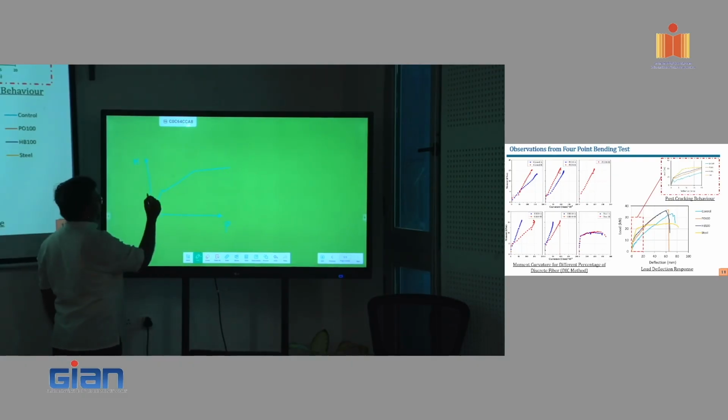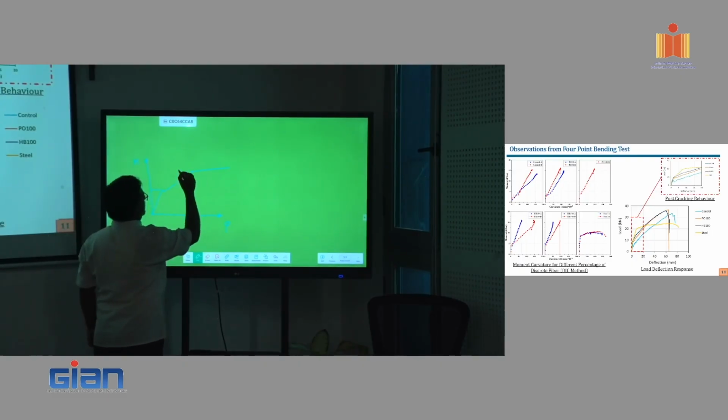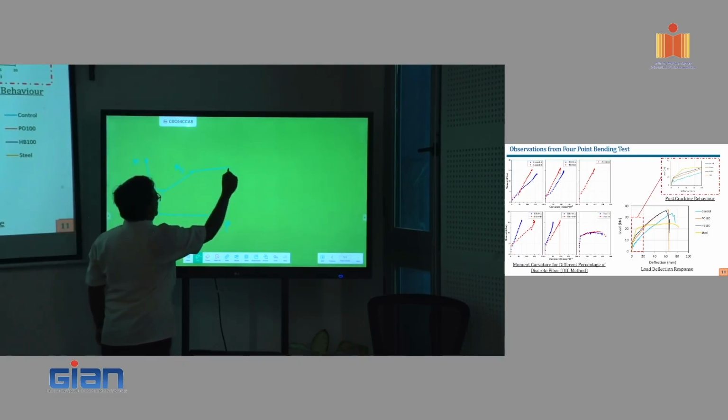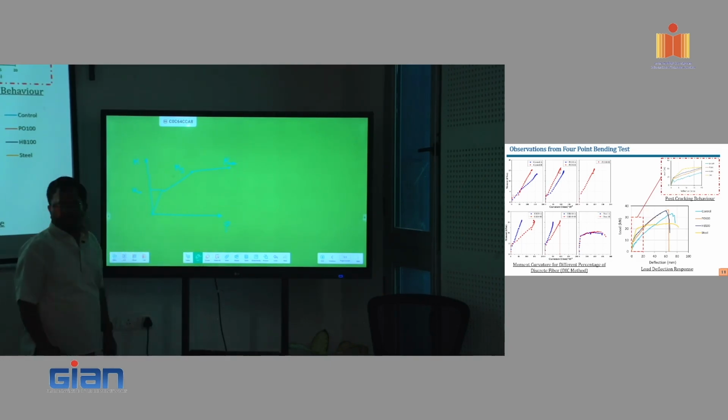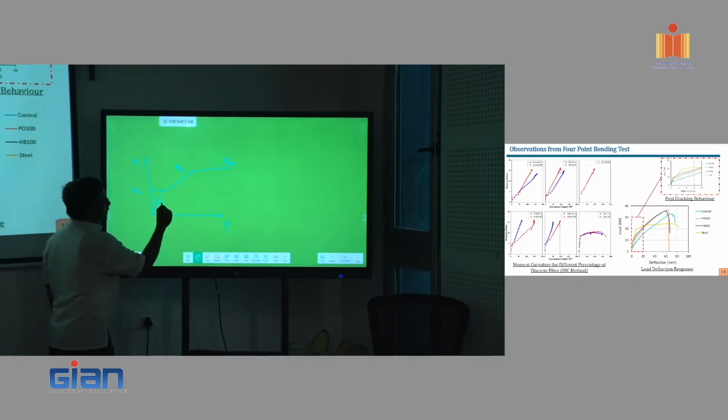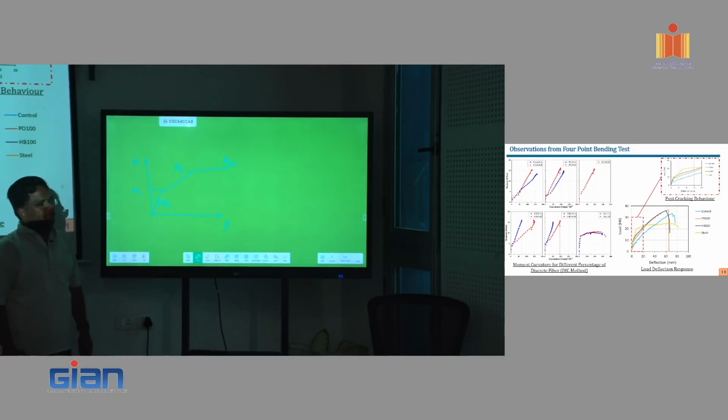Let's say for a simple case, this is M cracking, this is M yield, and this is your M ultimate, right? Now what we are saying is, in this slope, if I take this, it is going to be EIG, right?